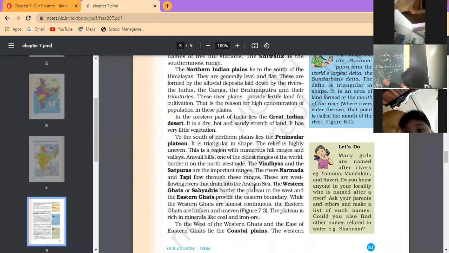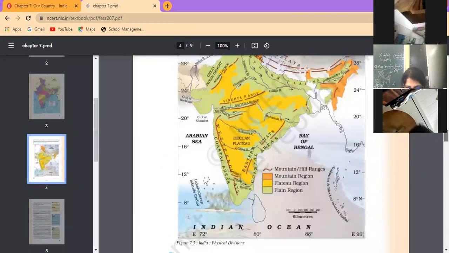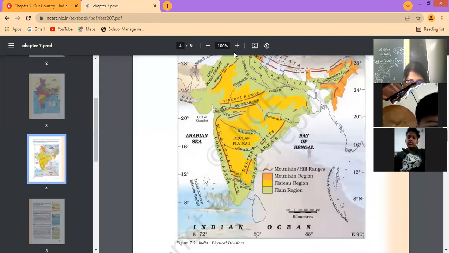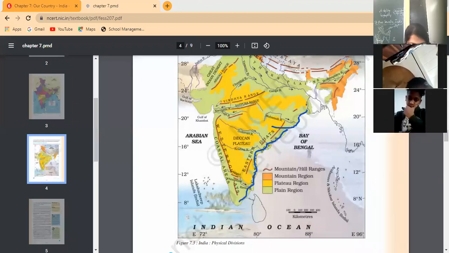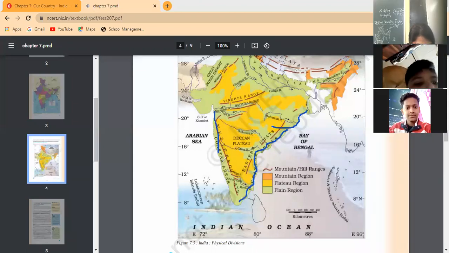The Eastern Ghat is broken and uneven, look here, if we compare with the western.